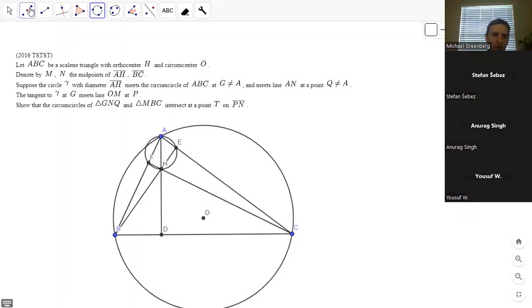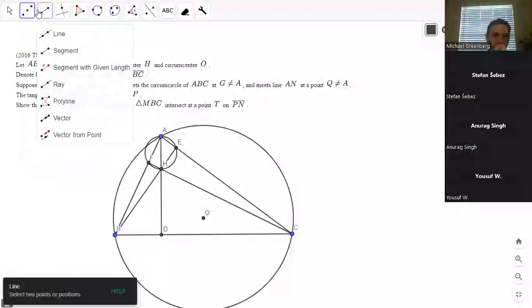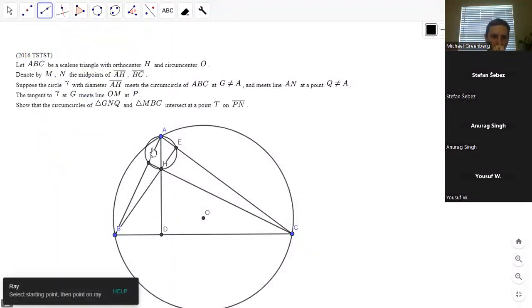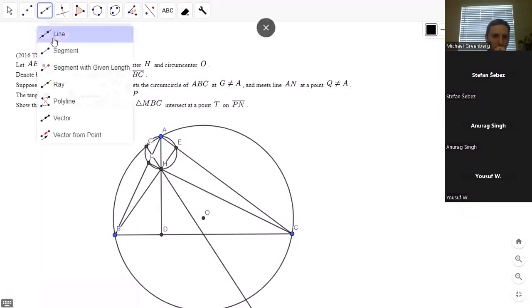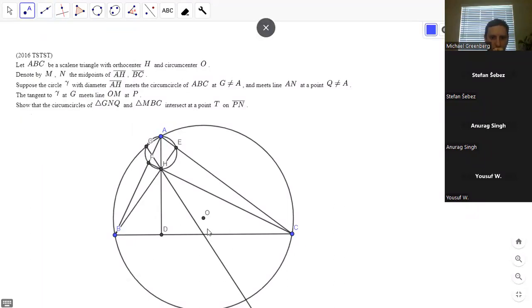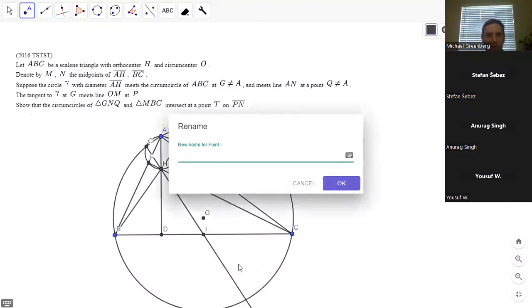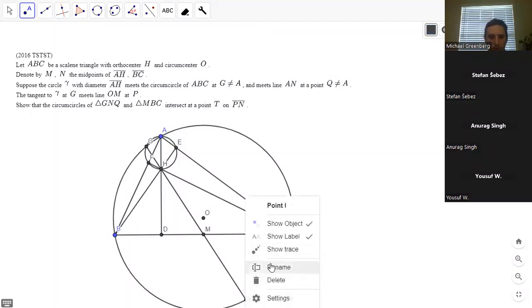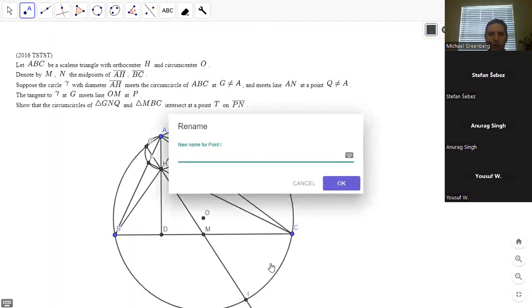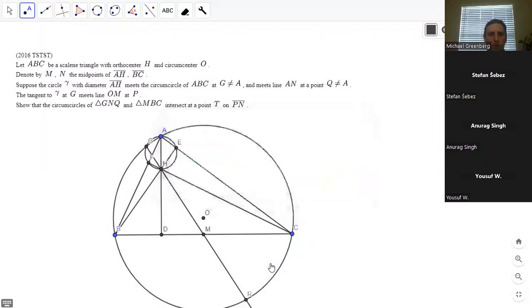So basically it's collinear. Yeah, we might as well just do this. So this is M. We might as well call this something. I'll just call it P, or we already have a P. So we'll call it R.